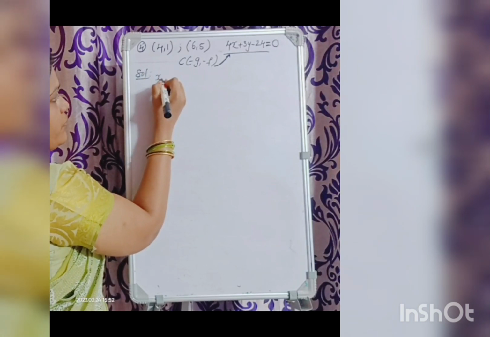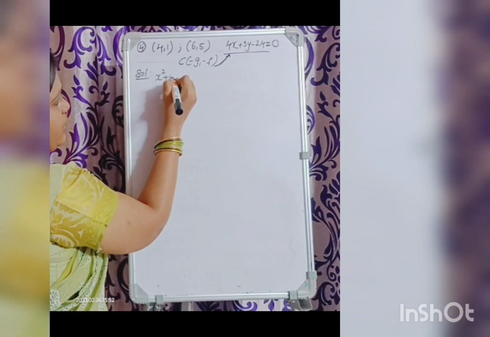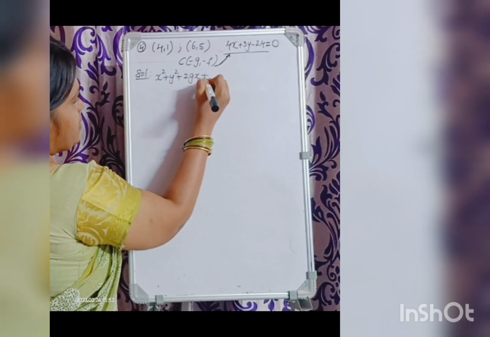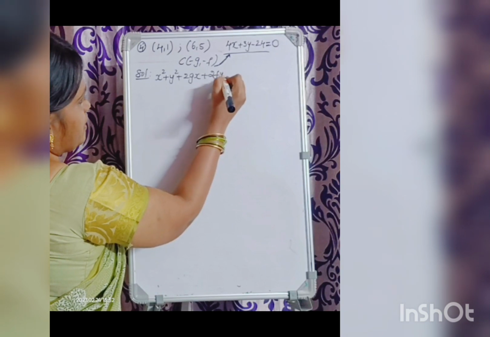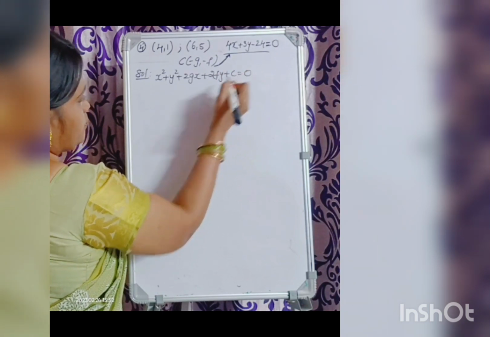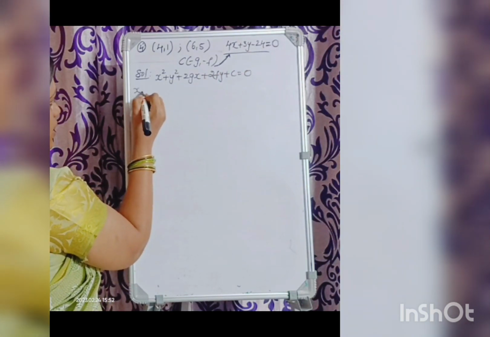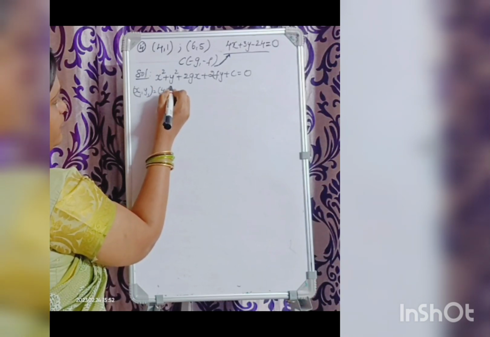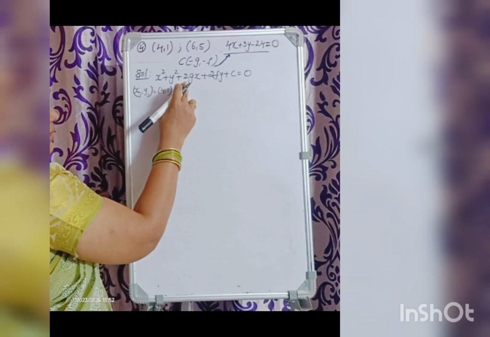First we need to write the standard form of the equation: x square plus y square plus 2gx plus 2fy plus c is equal to 0. I'll take the point x1 comma y1, which is 4 comma 1, passing through the circle.